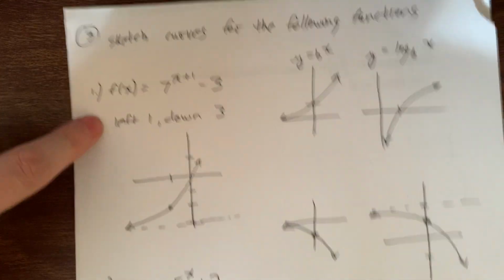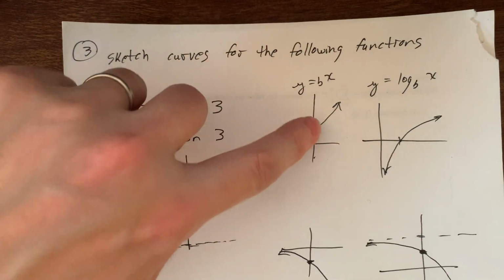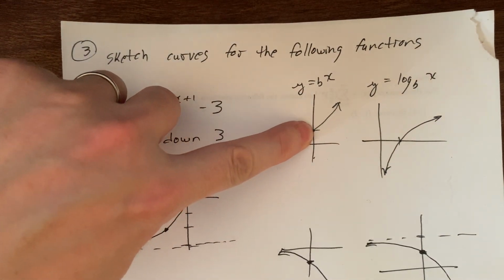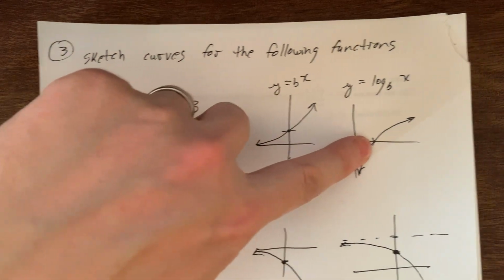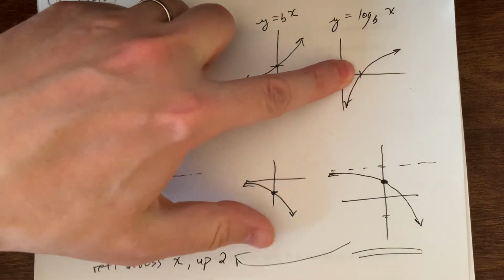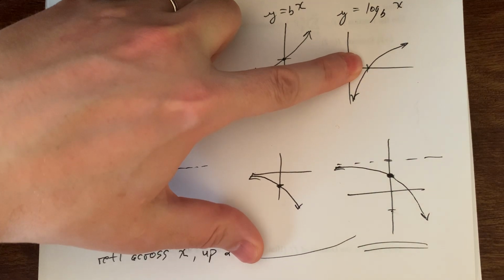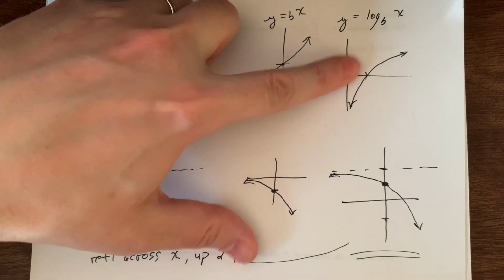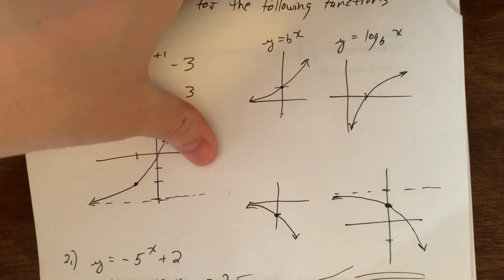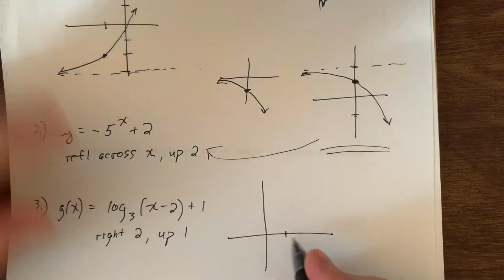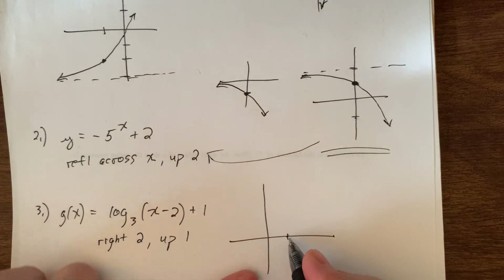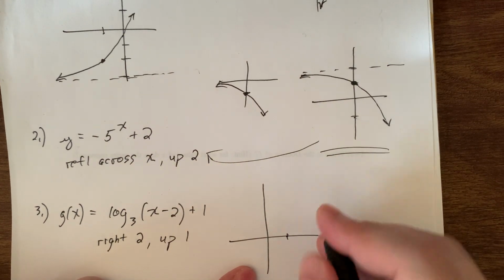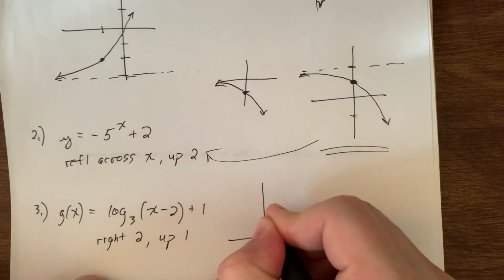So just like I did in this first one with the exponential, I'm going to focus on the key point, which started as the y-intercept. I'm going to do similarly with the log graph with the x-intercept. So we started right here. This is the point we initially cared about. But now I'm going right 2 and up 1.